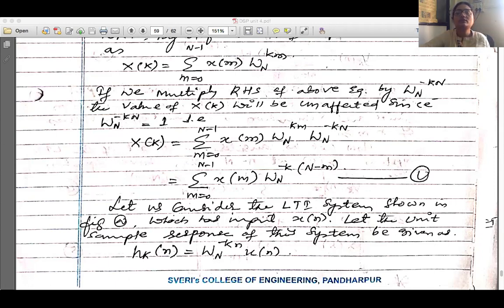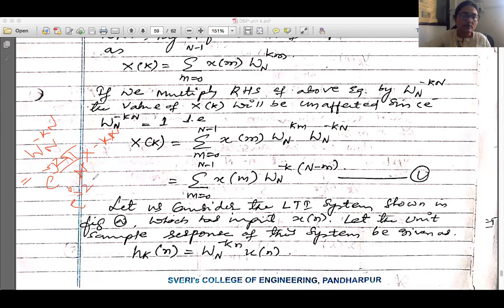W raised to minus kN suffix N is nothing but, since W suffix N is e raised to minus j 2 pi upon N, multiplied by minus kN. So this N and this N cancel out, minus minus will be plus, so it is simply e raised to j 2 pi k.